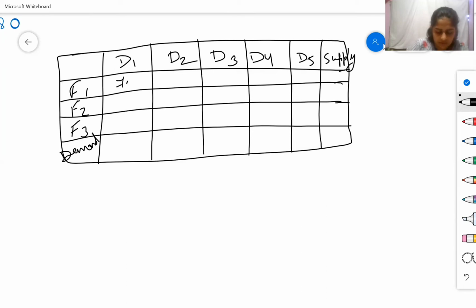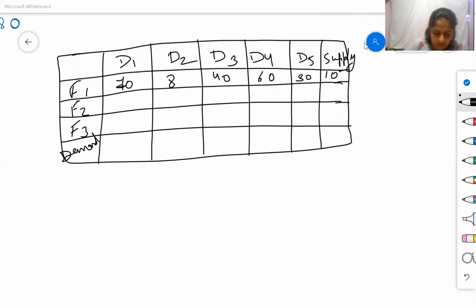We have 70 in F1 D1, 8 in F1 D2, 40 in F1 D3, 60 in F1 D4, 30 in F1 D5 and 10 as supply. We have 40 in F2 D1, 30 in F2 D2, 70 in F2 D3, 20 in F2 D4 and 40 in F2 D5, and the supply is 30.